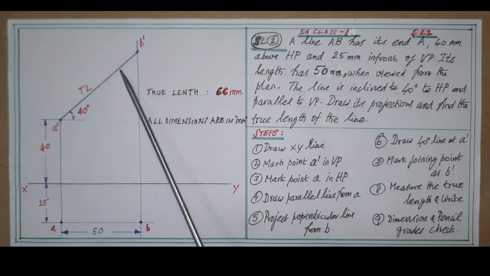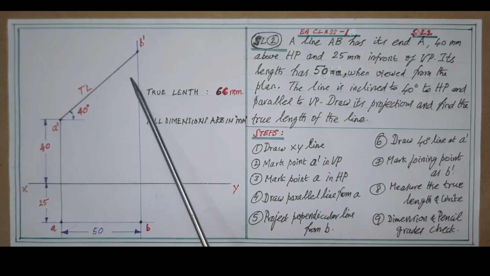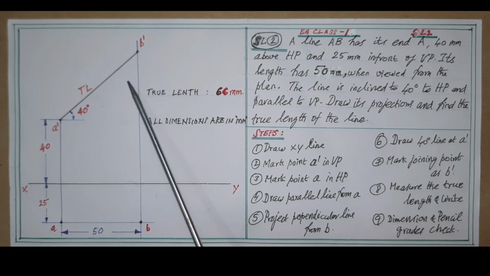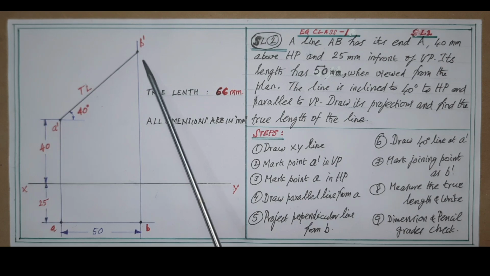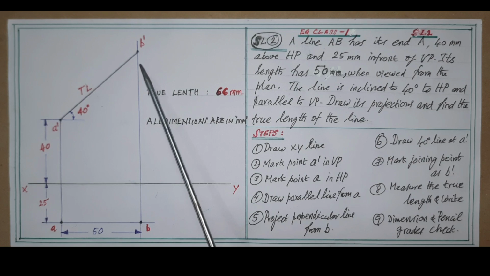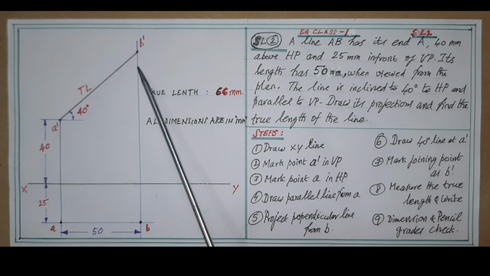Since the line is inclined 40 degrees to HP as given in the problem, this should be shown only on the vertical plane. Since the actual length is not known, we get a meeting point of this line with the vertical line already drawn from B. Mark this meeting point as B dash.